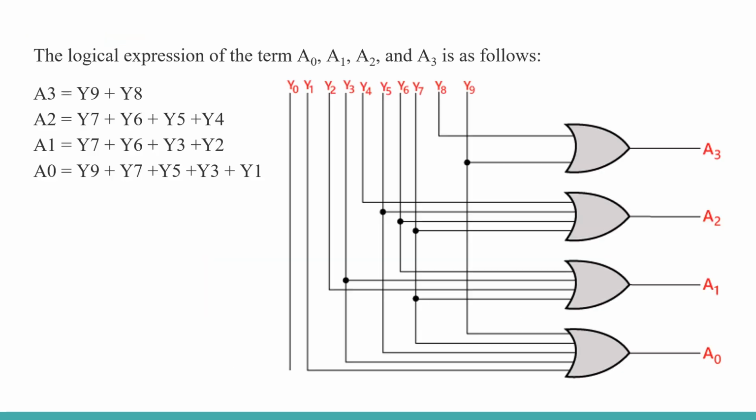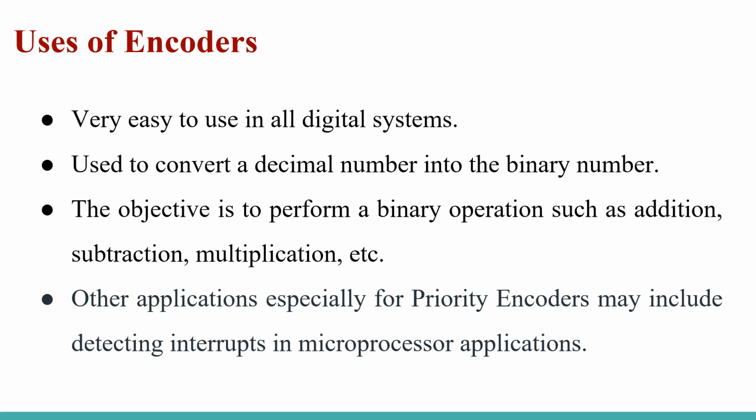The same concept can be extended for some other encoders also. Okay, so up to now we verified for the maximum number of inputs and less than the maximum number of inputs. Then we will discuss some uses of encoders in digital electronics.